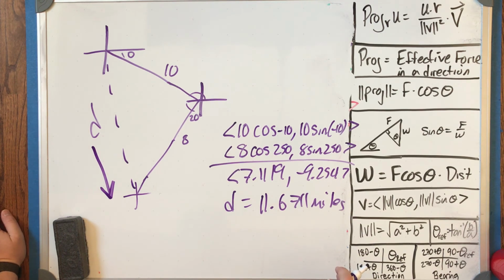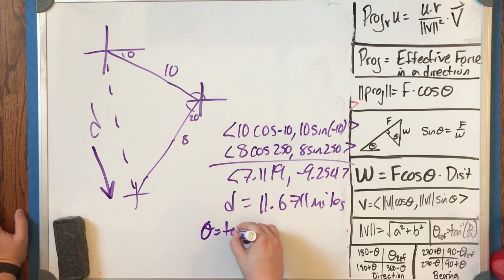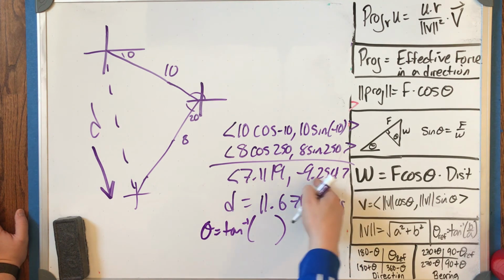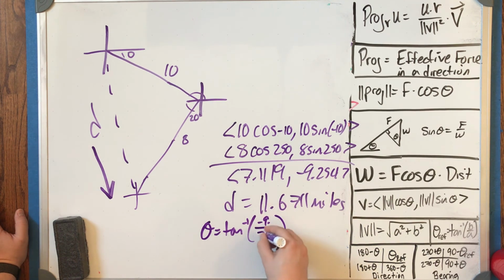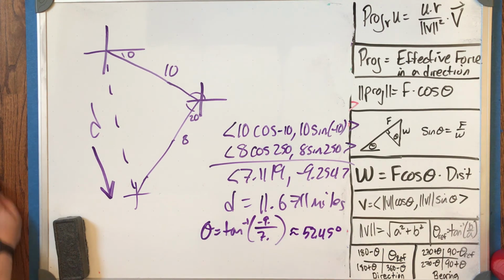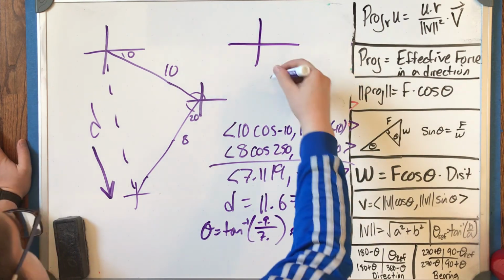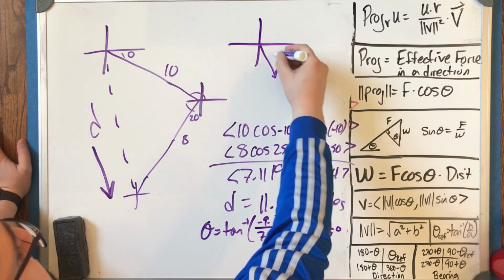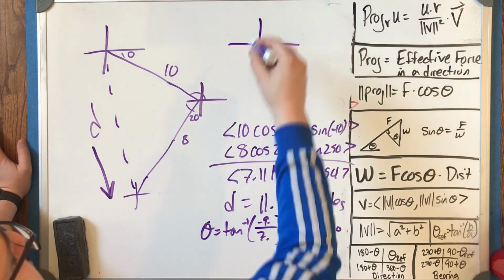So let's find the reference angle first, and then we'll talk about what that means. Tan inverse of the y value, negative 9 point whatever over 7 point whatever, again using actual values, I would get 52.45 degrees.